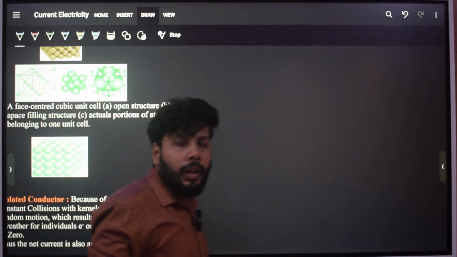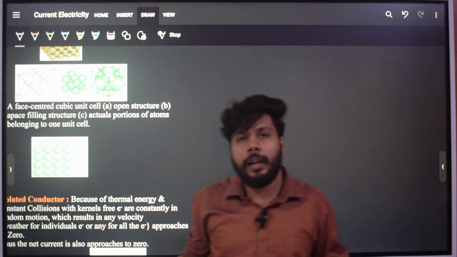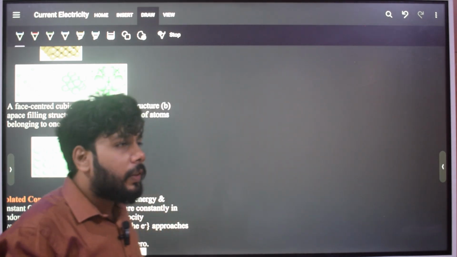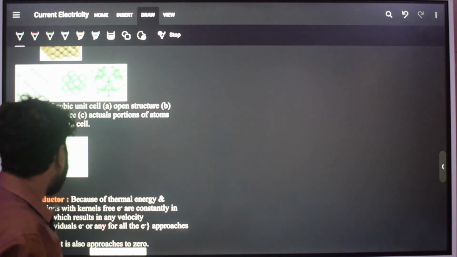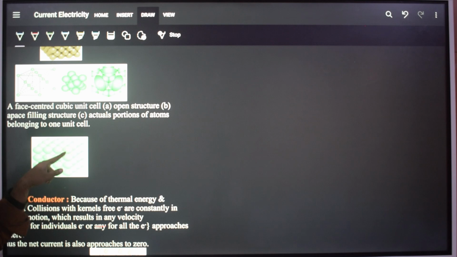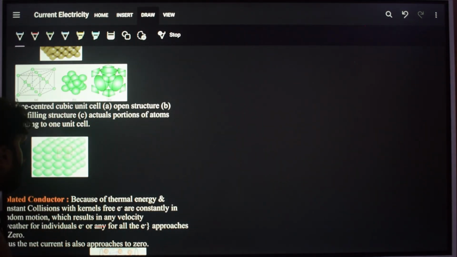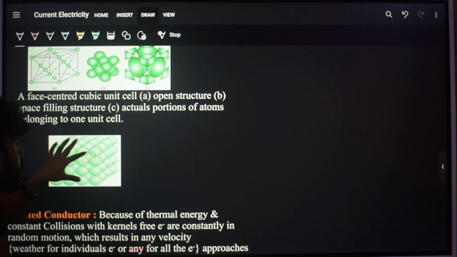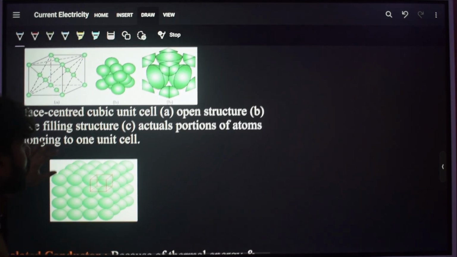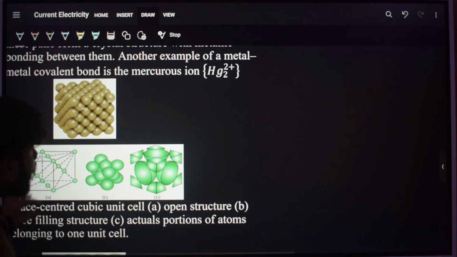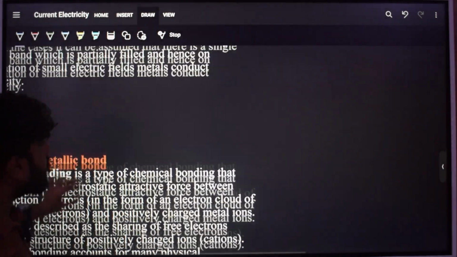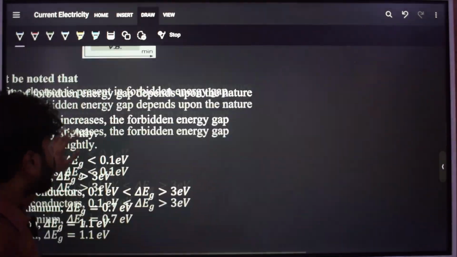A lattice is when many atoms are arranged in a way that, if you connect them by imaginary lines, they form some geometry. That geometry is called a lattice. A crystal will most of the time be formed by a similar lattice, with n number of lattices forming the crystal. So a lattice is just the arrangement of atoms in a crystal.